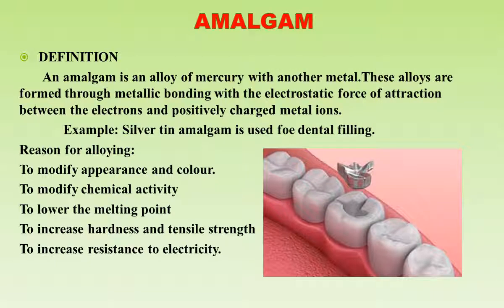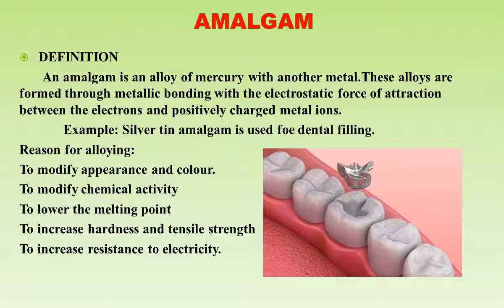As for the reasons for alloying, if you mix more than one metal, like we have already seen gold, brass, copper and zinc, gold, copper, silver and gold, its appearance and color will change, and its chemical activity also changes.